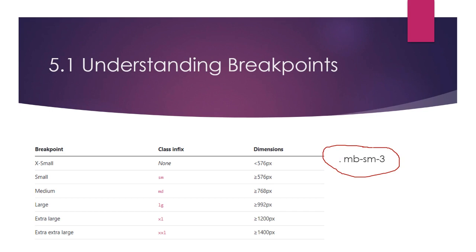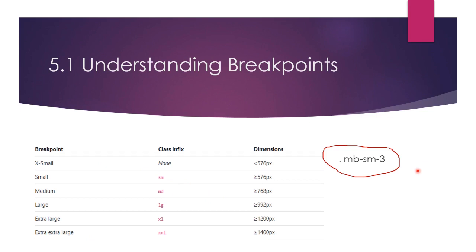We have MB SM 3. So this MB stands for margin bottom. SM, you're specifying the screen size, which is a small screen size, and you want it to have a margin bottom of 3.